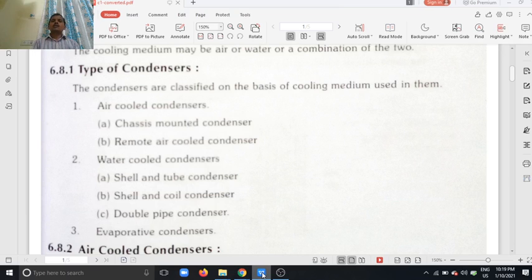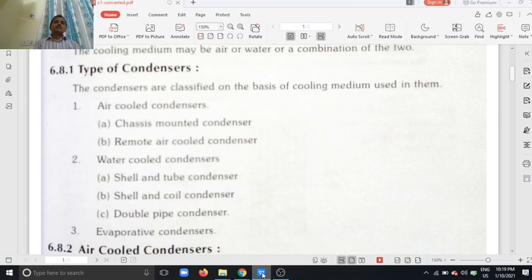It is not nearby the compressor. In some places the air does not flow properly, so the condenser is mounted where the air flows in a proper manner, and the compressor is in another place. So that is the case of remote air cooled condensers.